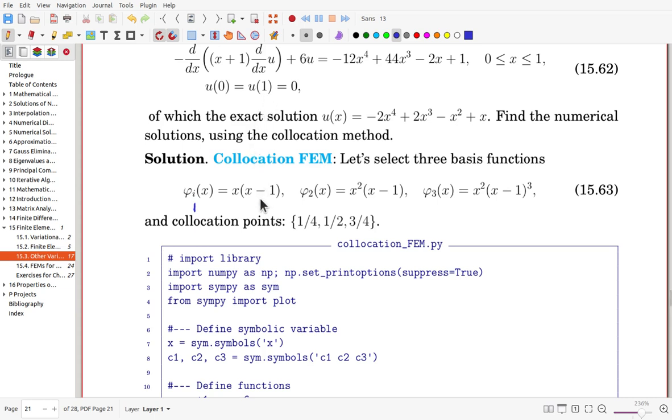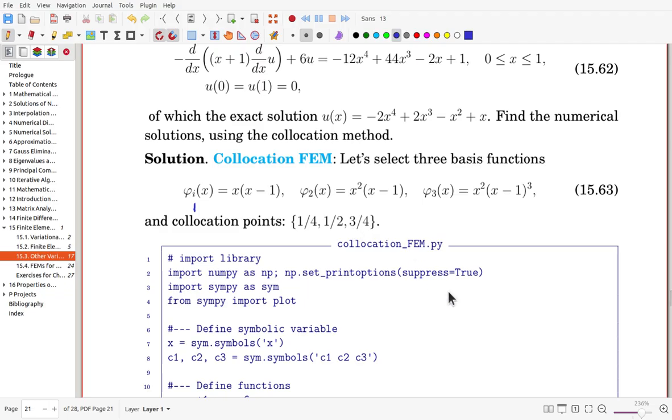So I chose basis functions having the same property. So I chose these three polynomials, and I chose the collocation points 1/4, 1/2, and 3/4.